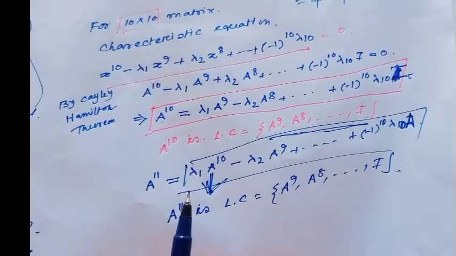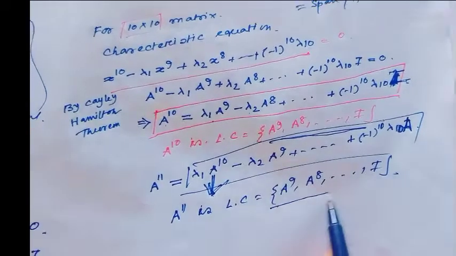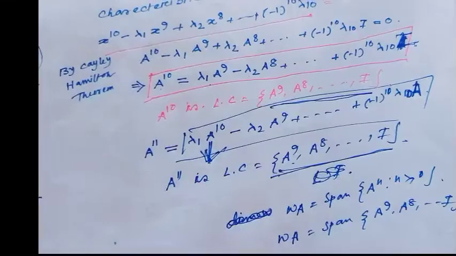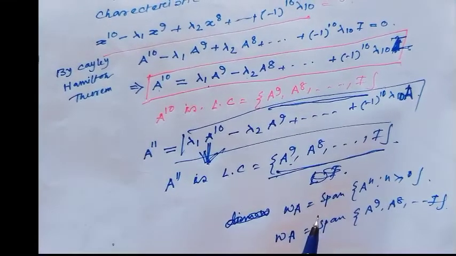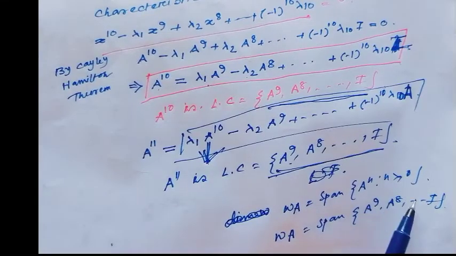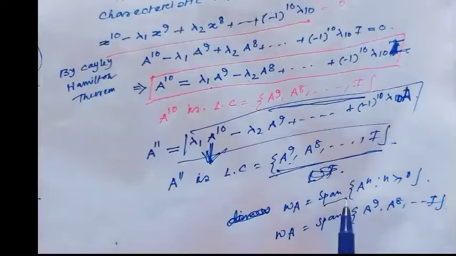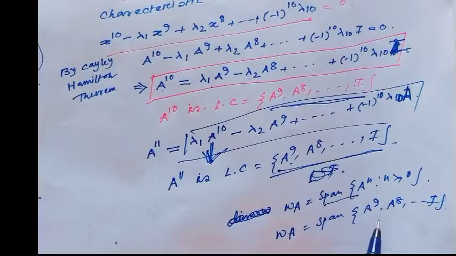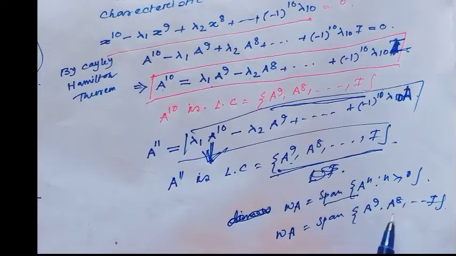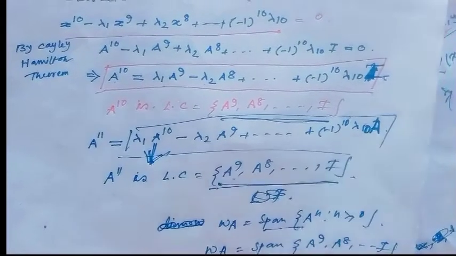Similarly, I will get a to the power 12, a to the power 13, all be linear combinations of these vectors. Here in the question has given W be the span of a to the power n, where n greater than or equal to 0. Here I have got this W_A actually spanned by a to the power 9, a to the power 8. This would continue to identity.